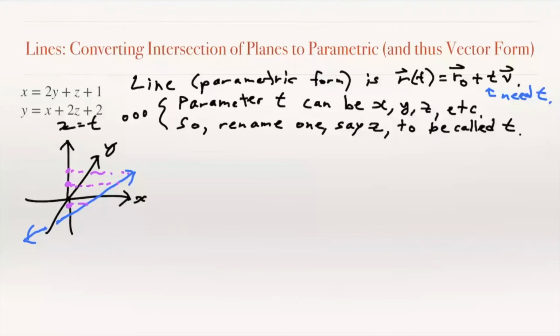So imagine a sliding scale here on the z-axis. And as we slide up the z-axis, then we get different points on the line. So that means that our z is the parameter t, different values of which give different points on the line.